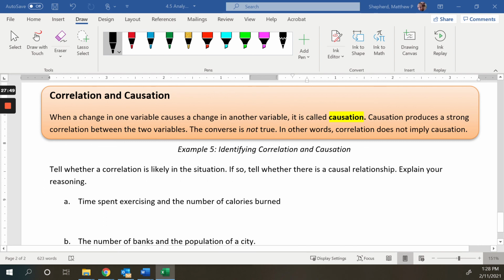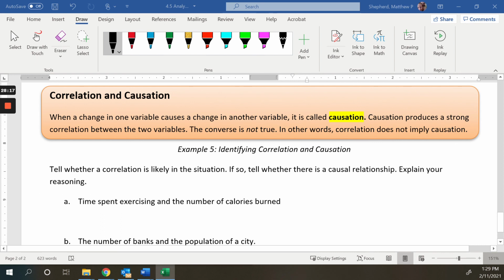A really odd one that I've seen has been the number of firefighters in a city and the number of mailboxes in a city. There is a correlation. They are related to each other. The more mailboxes there are, the more houses there are. The more houses there are, the more firefighters there are going to be.